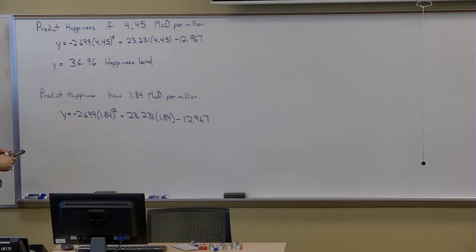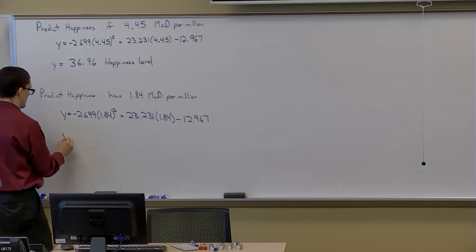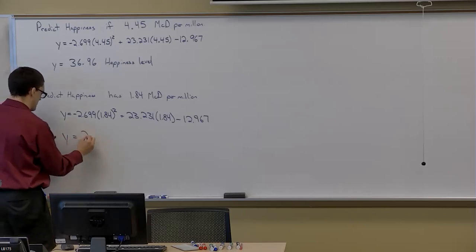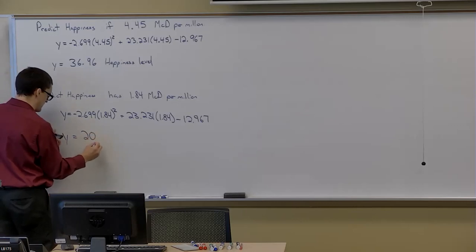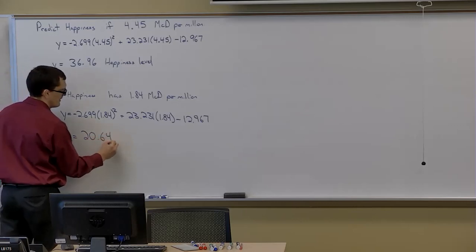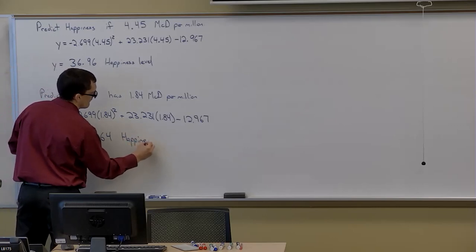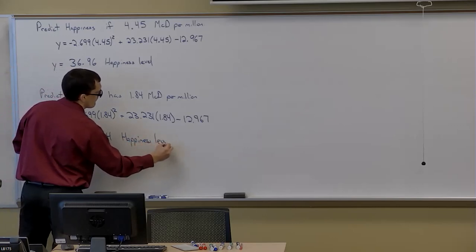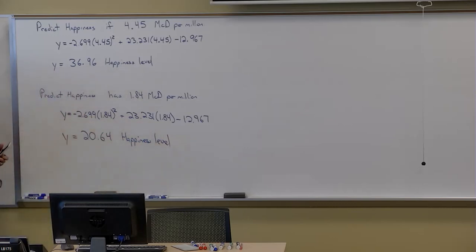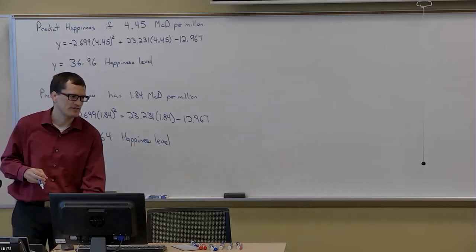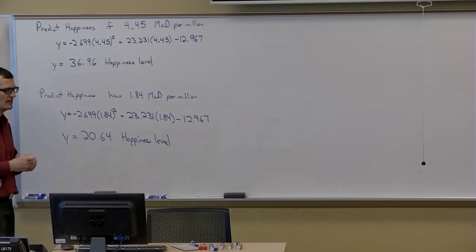Uh-oh, hit the wrong number. In the second case, I got a happiness level of approximately 20.64. Is that right? Again, this is self-reported happiness via some survey that they did in these countries.